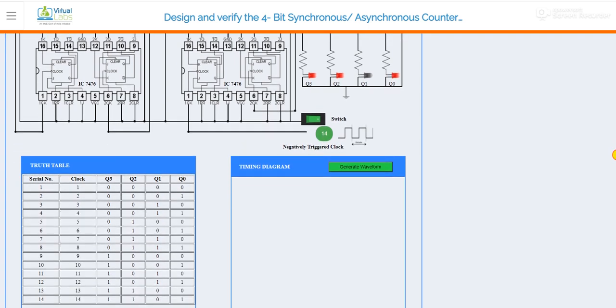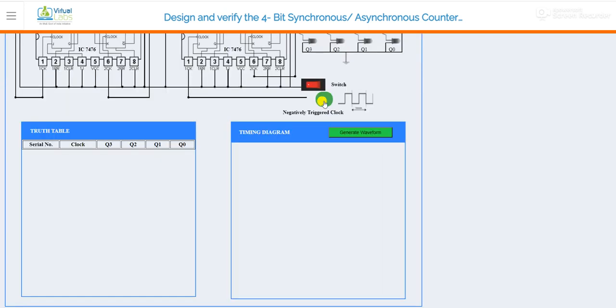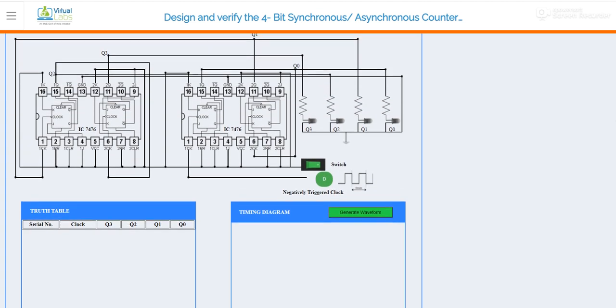Next, just check your output, that is 1101, and after one more click you will achieve 1110, and on the next clock the output is 1111. And after one more click it will be reset. So the circuit is designed in such a way that after 16 clock pulses your circuit will be reset.